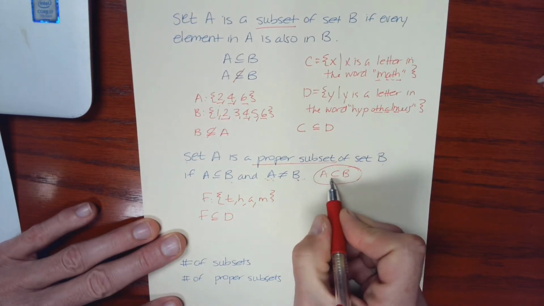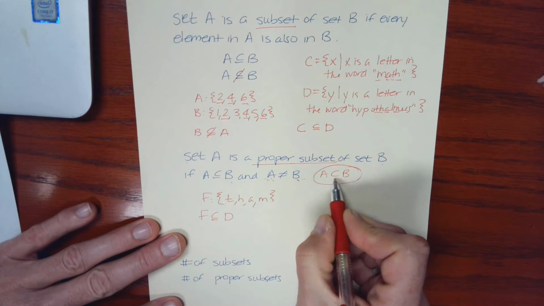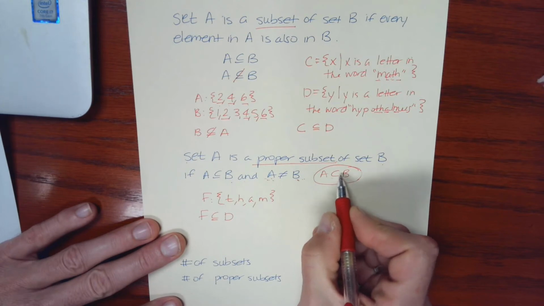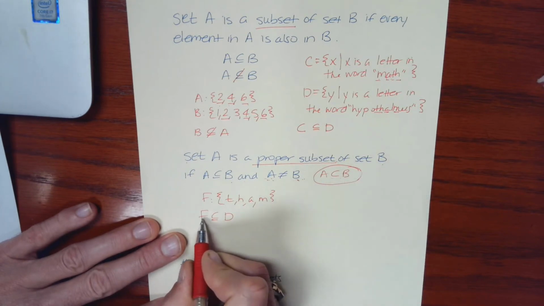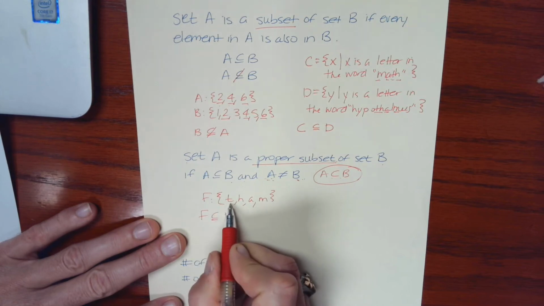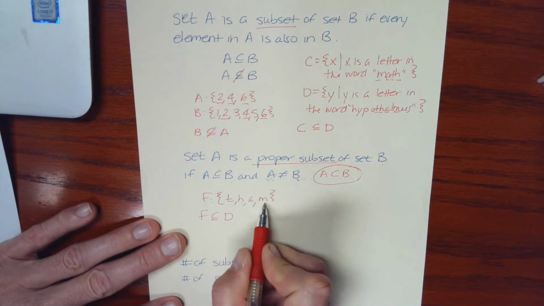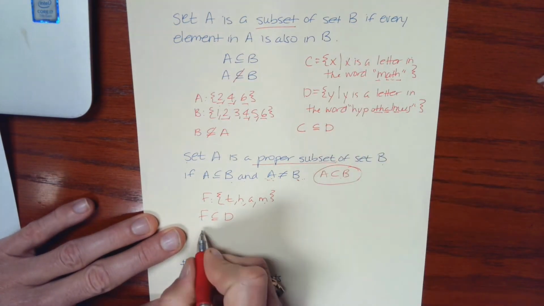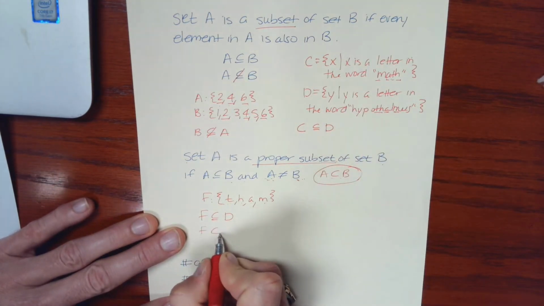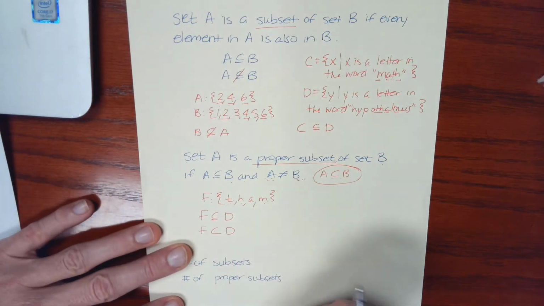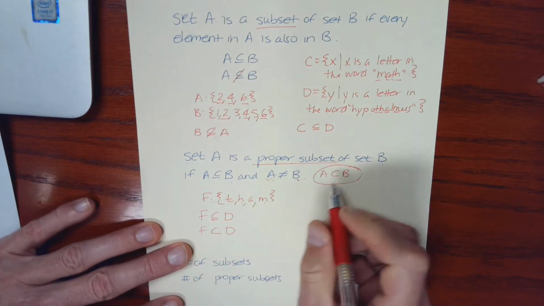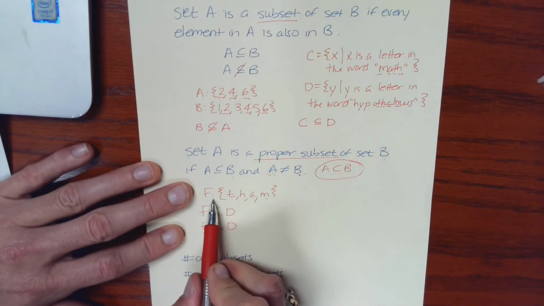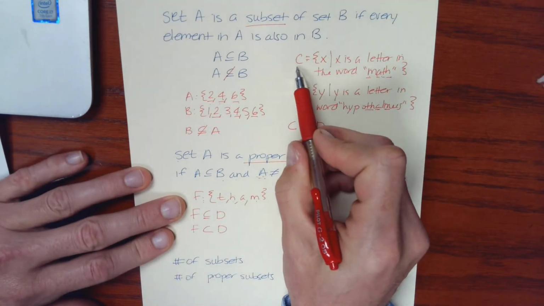So notice I'm not taking away the option for equality here. And so F, which contains T, H, A, and M, is a subset of D, and F is a proper subset of D.